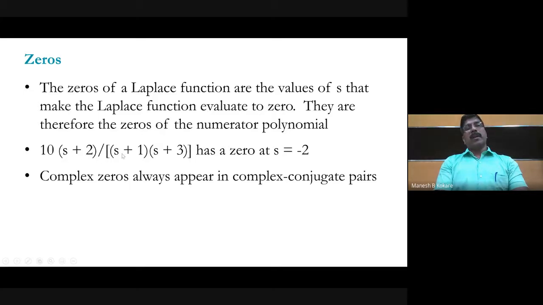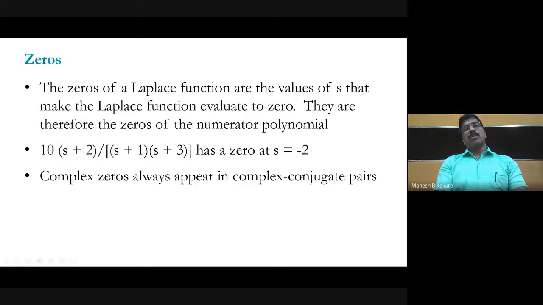In the denominator there are two roots, s plus 1 and s plus 3. These two roots are called poles, whereas the numerator root is called a zero. So the zero is located at s equal to minus 2. In the given transfer function, there is one zero and two poles.